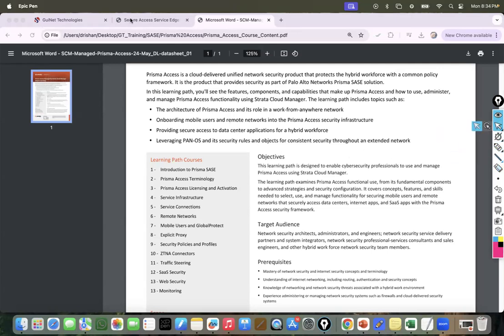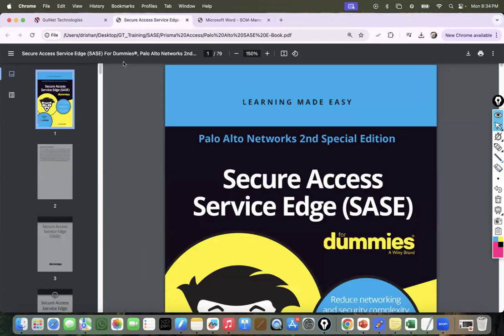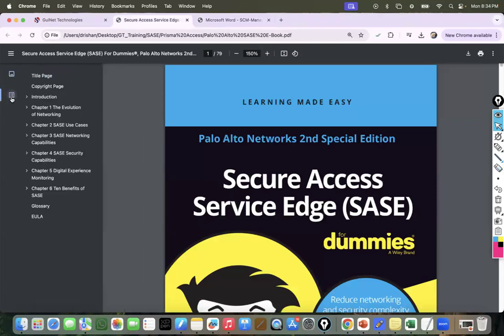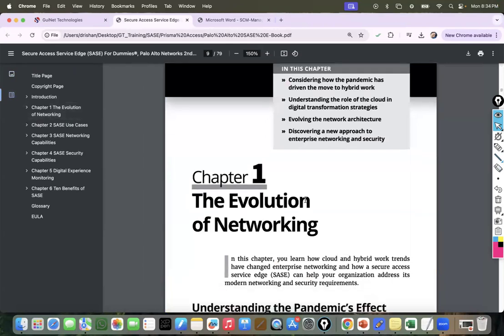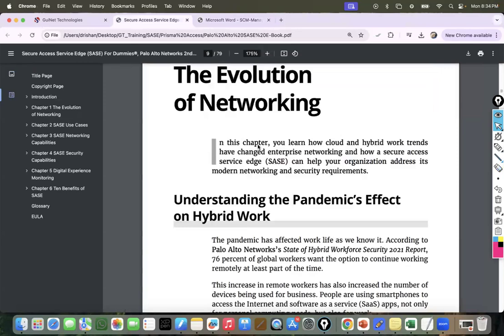Let me talk a little bit about the ebooks. If you're learning through stories and novels, you can learn from these ebooks, which show how the transformation happens for SASE, step by step, with multiple use cases given in this particular book.